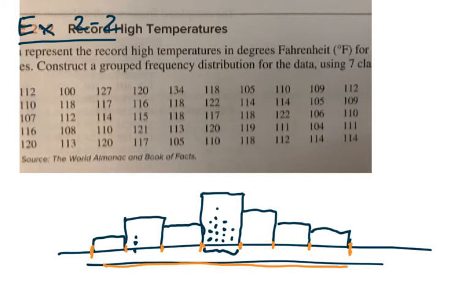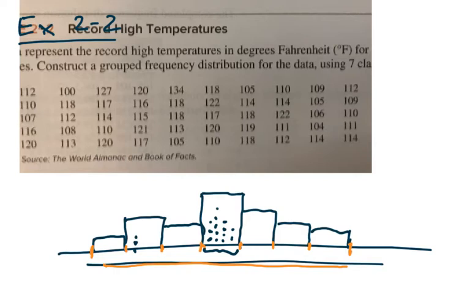But in general, the rule of thumb is in between 5 and 20 classes. And it's kind of like our choice. If nobody comes and says, here's how many classes you need to have, then we get to kind of choose based on what our purposes are. How much accuracy we want, then we might include more classes. If we want more speed but less precision, less classes. So here they've told us 7.